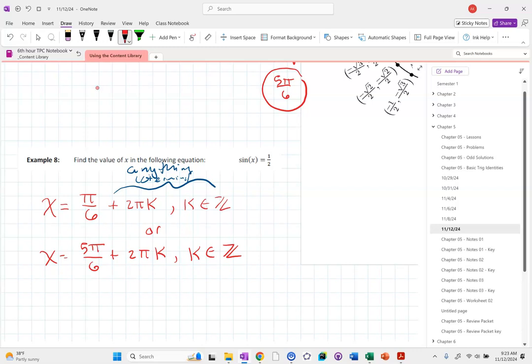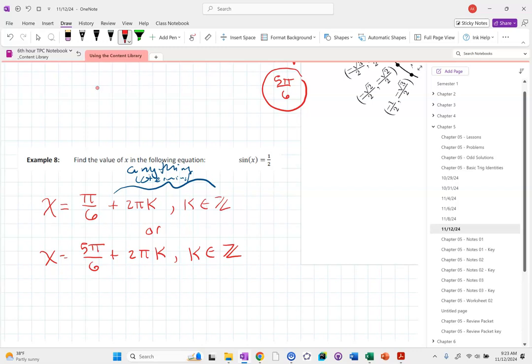And then we can say the same thing about 5 pi over 6. Is everybody okay there? So again, that notation at the end just means and anything coterminal to it.